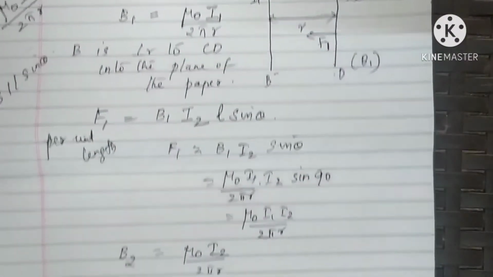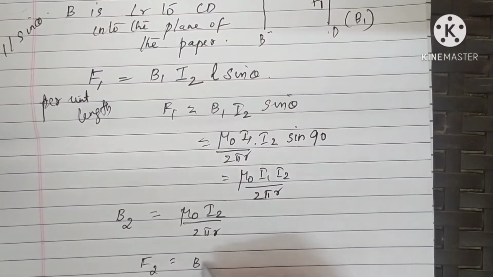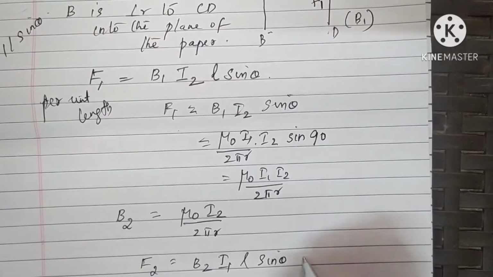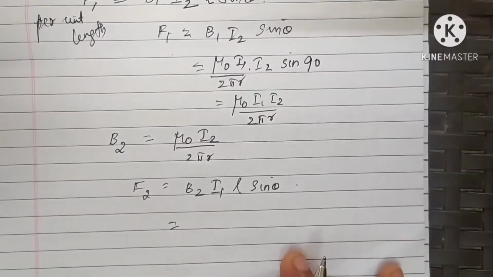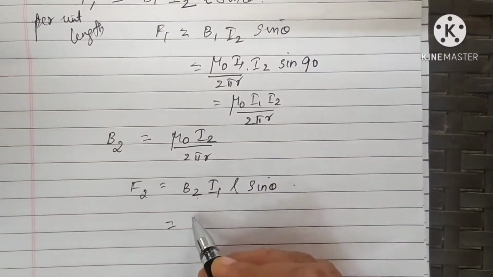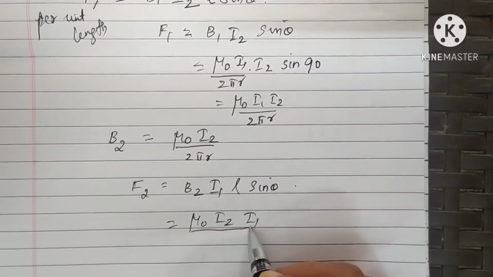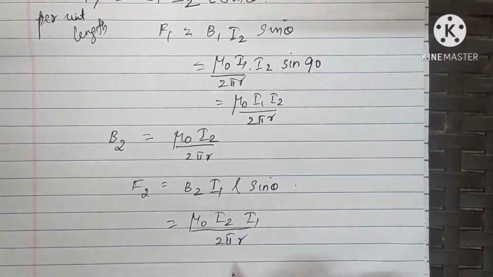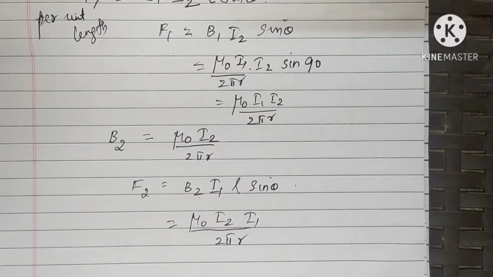So F2 is equal to B2 I1 L sin theta. Clear? Now L is 1 and theta is 90 degree. So B2 you know, mu naught I2, then I1 divided by 2 pi. Mu naught I1 I2 by 2 pi. Clear? Now it is clear that F1 and F2, the magnitudes are equal.